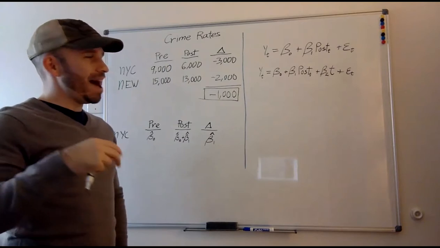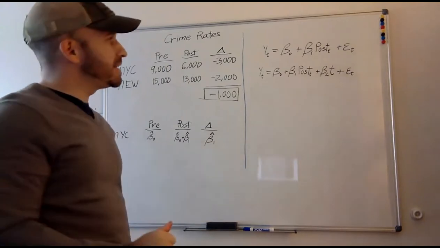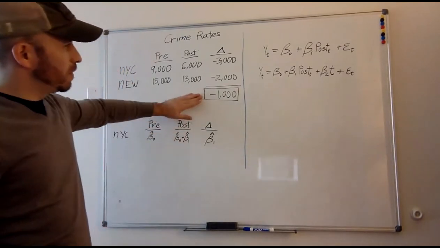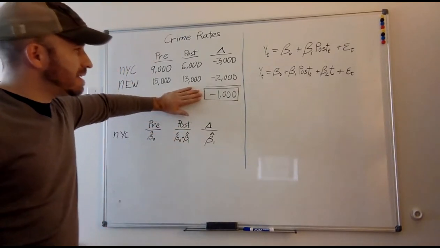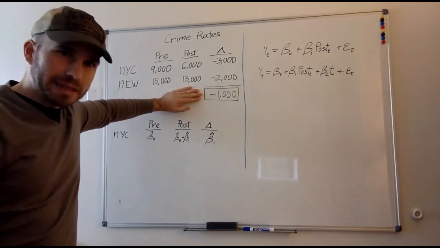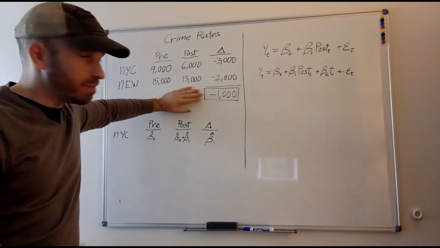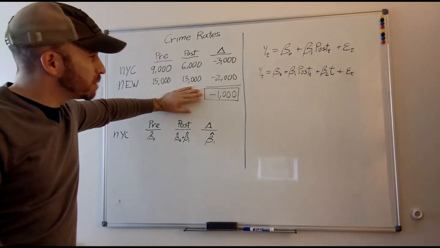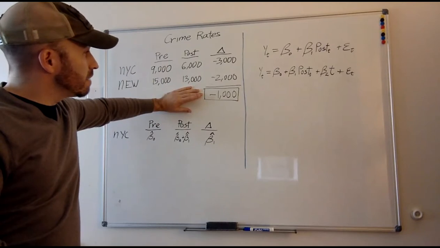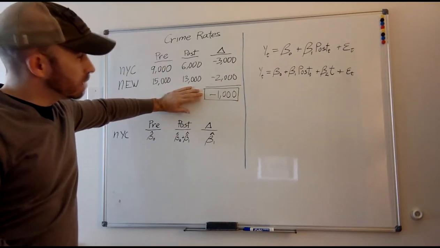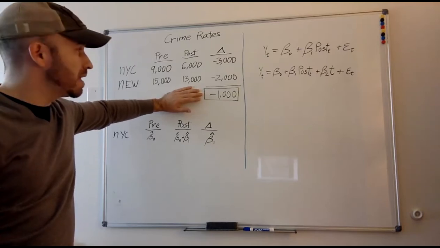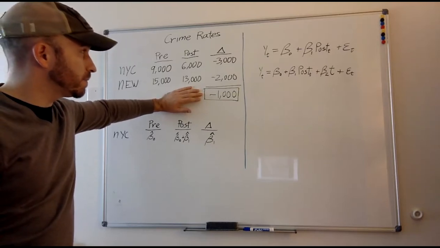basically, eyeballing that figure, I could make a much more reasonable claim, still subject to quite a bit of criticism, but a much more reasonable claim that the broken windows policing was responsible for a more modest decrease in crime in New York City, right?